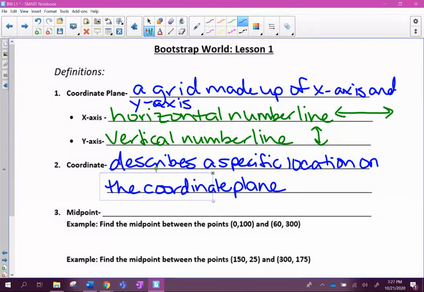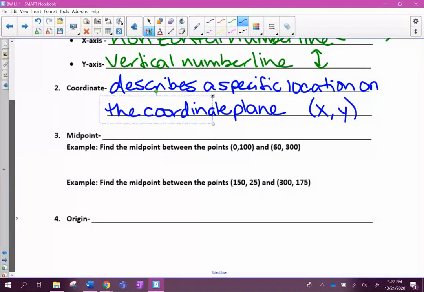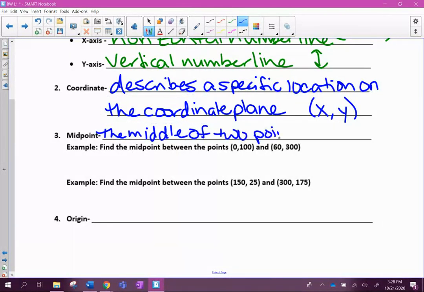So for example, we have the point like 3, 7. So it's always in the form x comma y. Okay. Now our definition of a midpoint, that is the middle of 2 points.